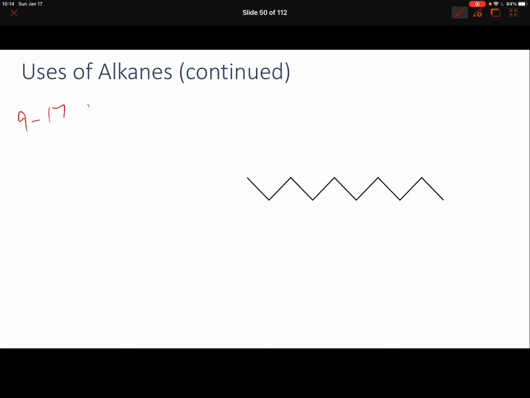9 to 17 carbons. These are liquids, but they have slightly higher boiling points. And they're found in motor oils, mineral oil, kerosene, diesel, jet fuel. This is decane shown here. So again, fuels, they all burn if you haven't figured that out. Now, alkanes with 18 or more carbons are known as paraffins.